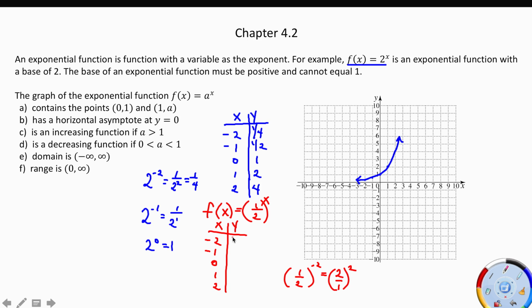So 2 squared. 1/2 to the -1 would be 2 over 1 to the +1, or just 2. Anything to the 0 power is 1. 1/2 to the 1, and then 1/2 squared. So I would get (-2, 4), (-1, 2), (0, 1), (1, 1/2), (2, 1/4), and here's what that would look like.